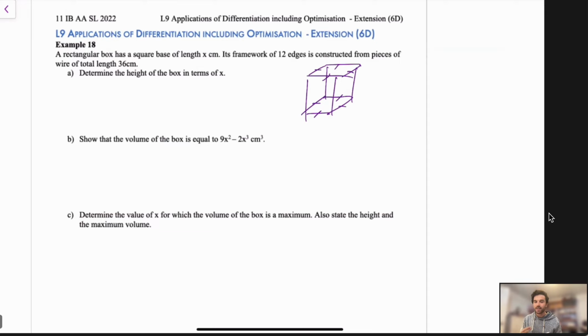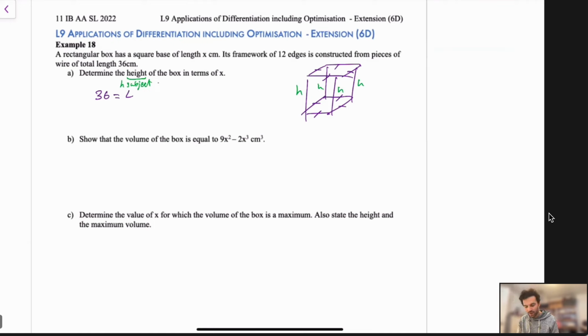So I think they're wanting us to get an equation first for the length of wire and then rearranging, to make h the subject. First thing is you've got your h's here, and these are all the same. That's the height of the rectangular box with a square base. And let's find a rule. So we've got 36 centimeters of wire was used.